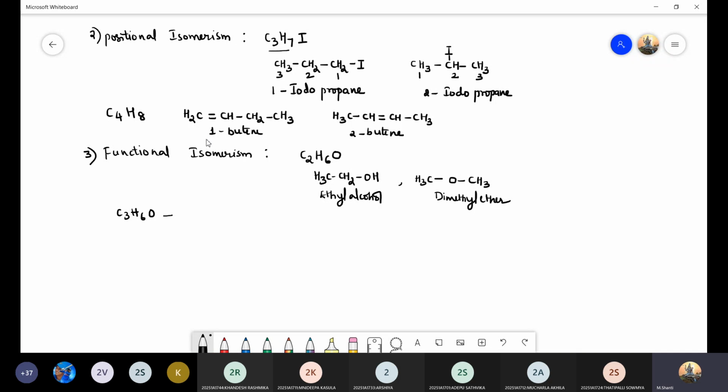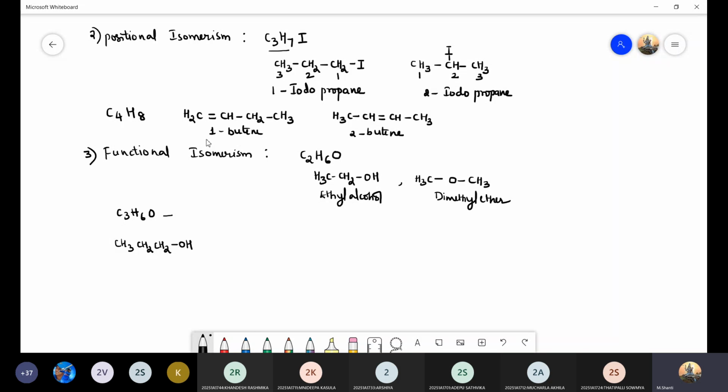So for C3H6O, if you can write alcohol, then that would be CH3, CH2, propanol. Just for your satisfaction, CH3, CH2, and another carbon should be there because 3 carbons are there. This should be the possible structure.